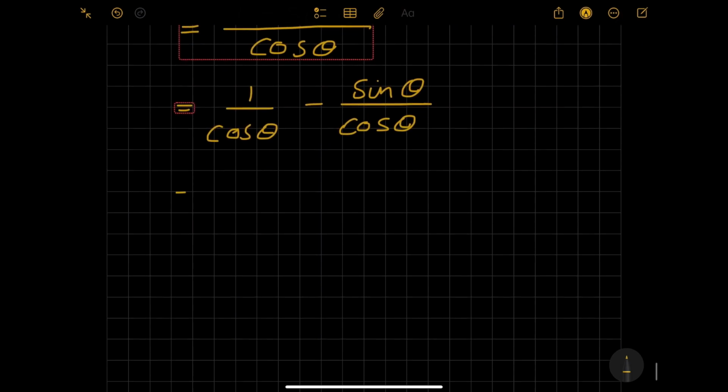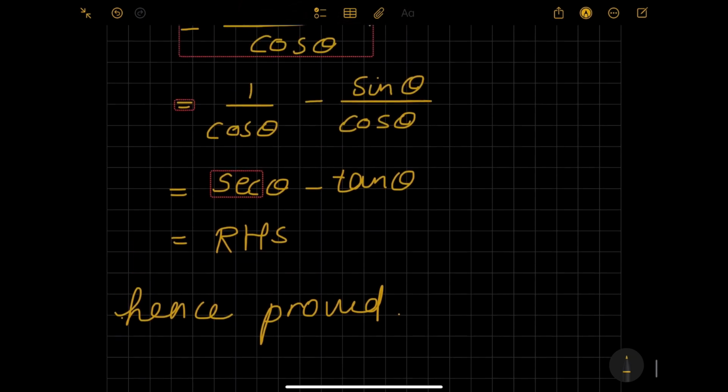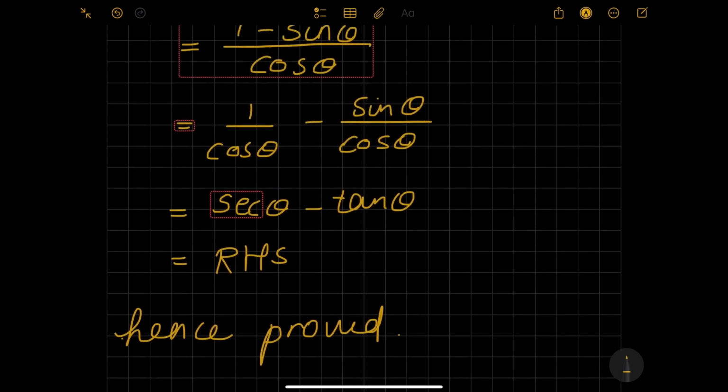And 1 over cos is sec theta, subtract tan theta, which is the RHS, and I'll say hence proved. I hope this is clear to you. If you want more videos on trigonometry, do comment so I can make more videos on these topics. Thank you.